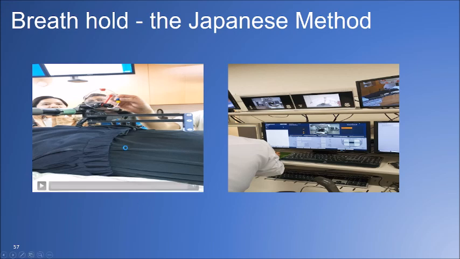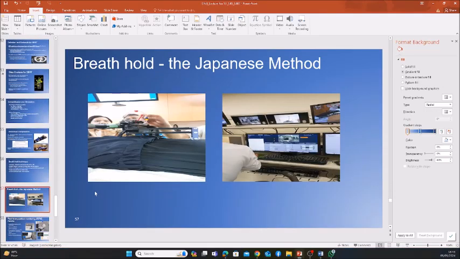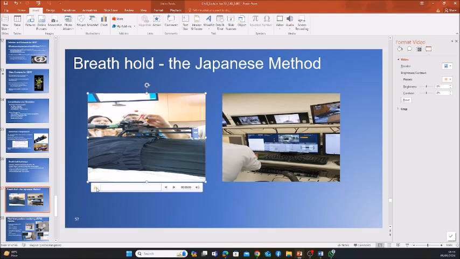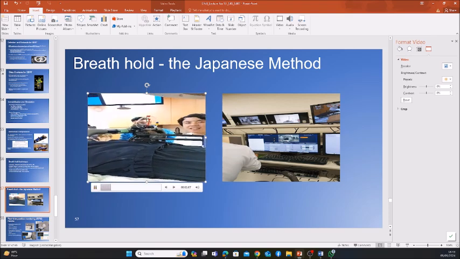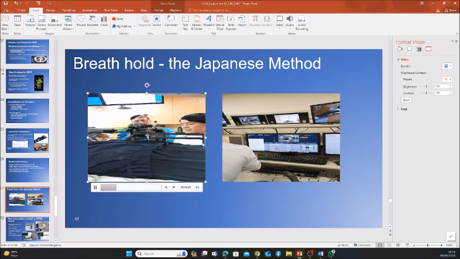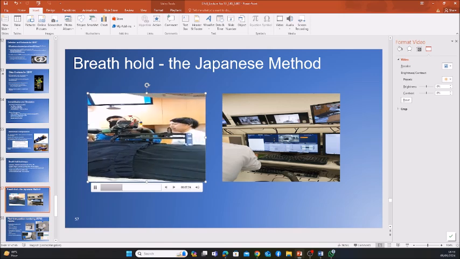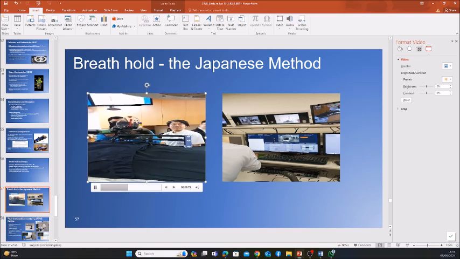I think I can run the video here. Let's see whether it runs. Sorry, it doesn't run. I'll show you that. They had a very simple system. They had a pointer, and this is the area the pointer moves, and the patient is asked to hold the pointer in one position.